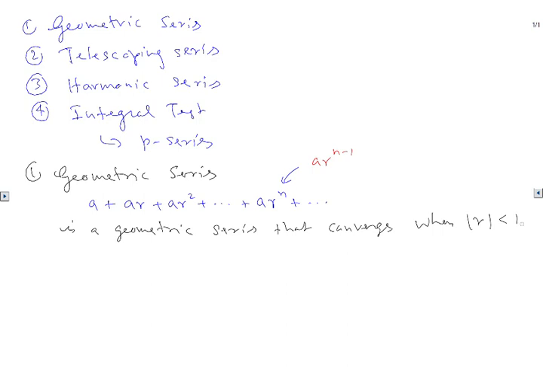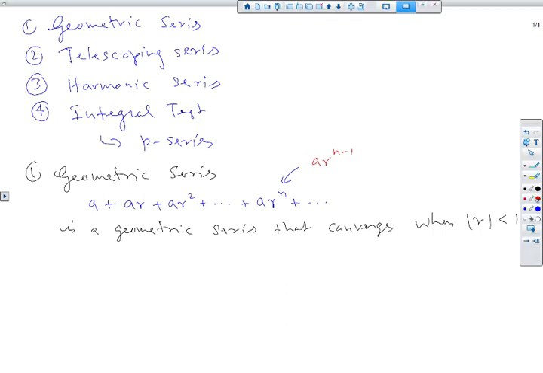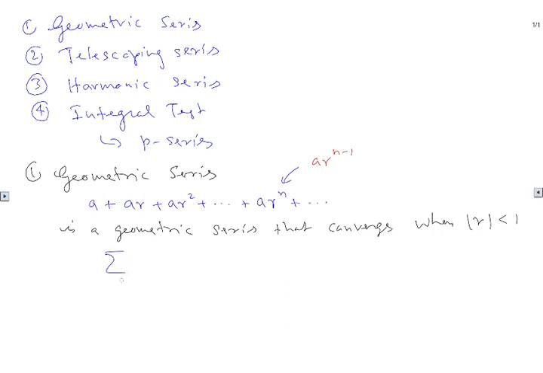We can write the sum like this: sigma from 0 to infinity of ar^n. You can see that when n equals 0 you get a. So this converges to a, the first term, divided by 1 minus r. This happens when the absolute value of r is less than 1.